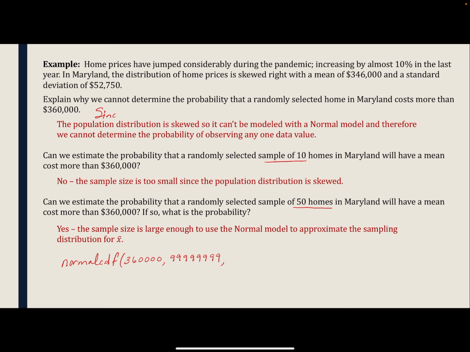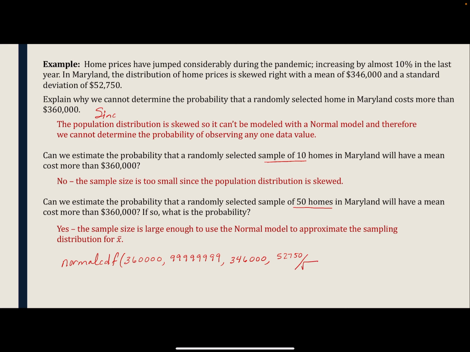The mean of the sampling distribution is the mean of the population. So the mean here is the same as what's given above. But the standard deviation is not the same as the standard deviation of the population. The standard deviation is the standard deviation of the population divided by the square root of n.